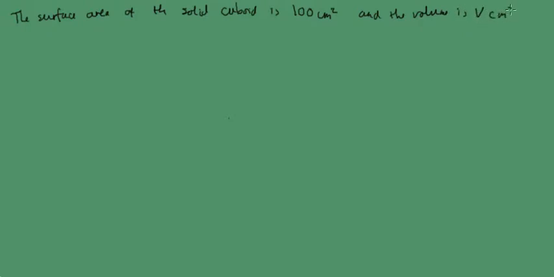So the surface area of the solid cuboid is 100 centimeters squared, and the volume is V centimeters cubed. So let's draw our cuboid.